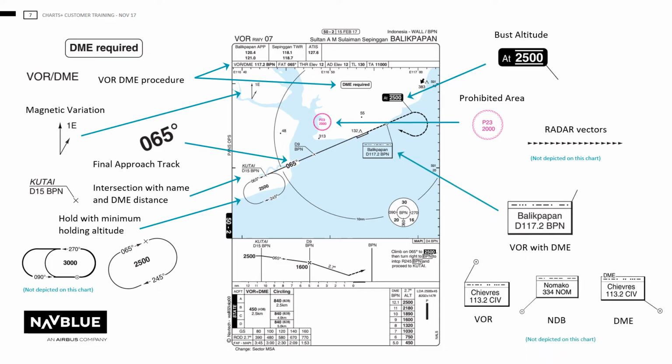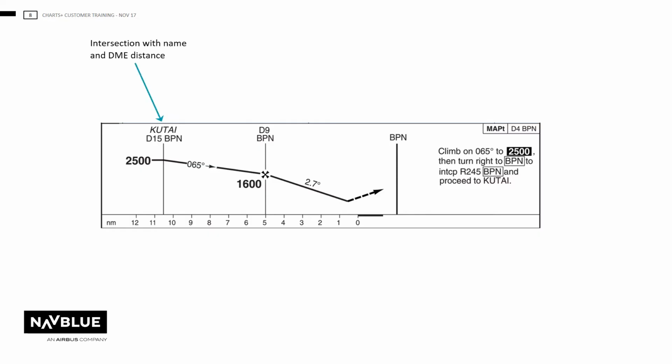The location of the VOR DME without the coordinates. Here is an example of the intersection with a name and a DME distance.